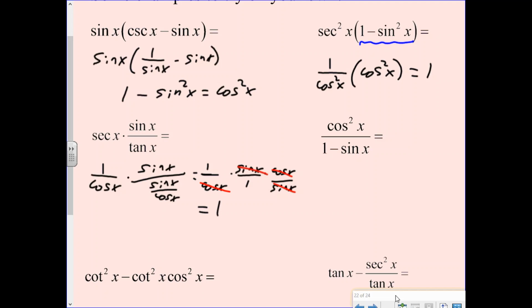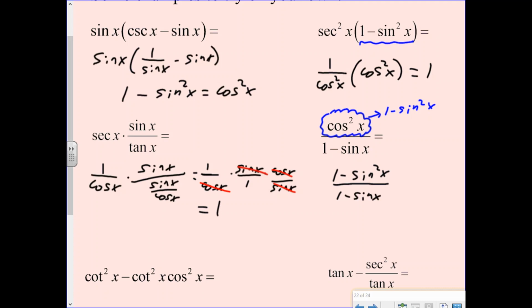So I'm going to use a trick that you might not see right off the bat, but it might be useful. I'm going to use the cosine squared and go back to my Pythagorean identities, and see that it's equal to 1 minus sine squared. So I'm going to write it like that. So I've got 1 minus sine squared x over 1 minus sine x.